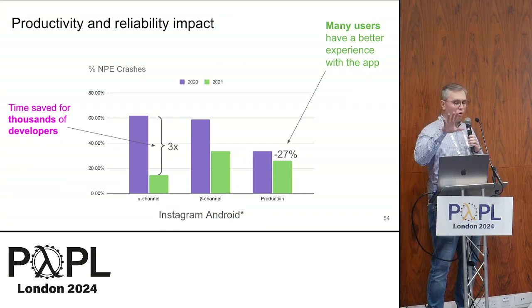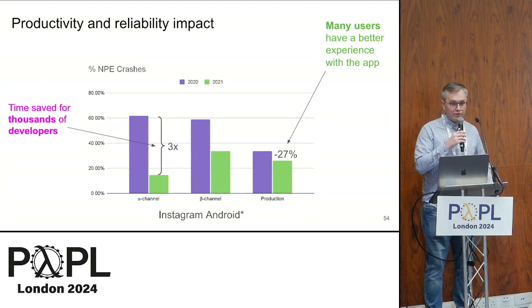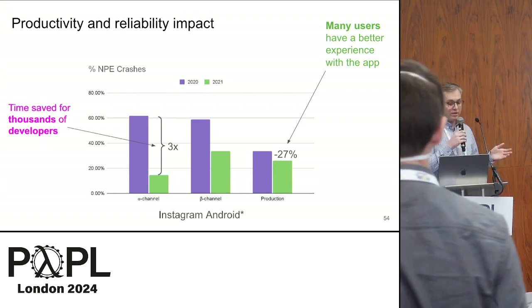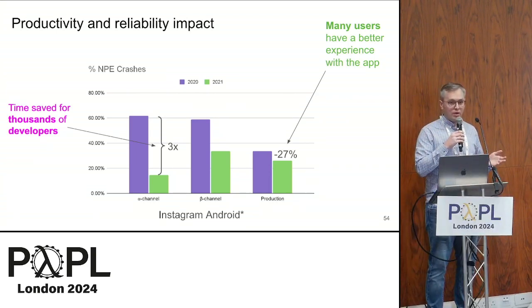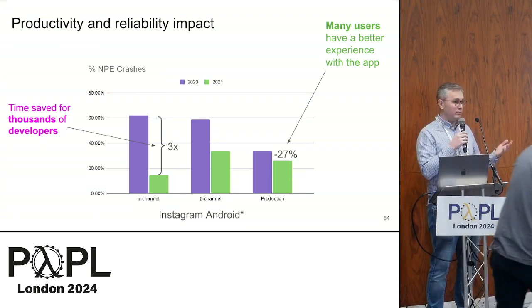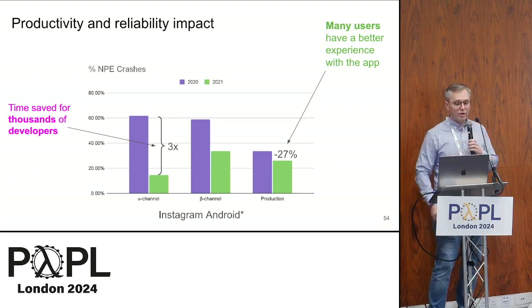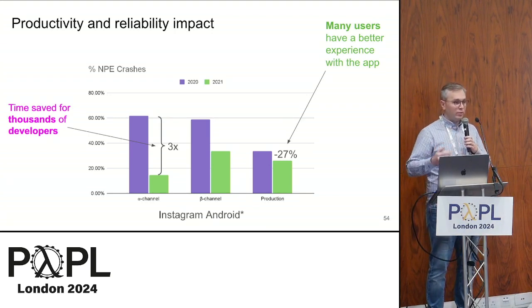But for the whole app, on average, we measured it at minus 27%, which actually is very substantial. If you slash a third of NPEs, you get many, many more users that are happy with the app and spend more time there. So overall, we were very happy with the results.